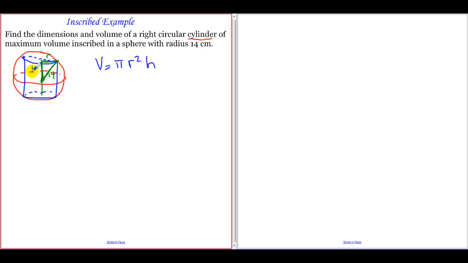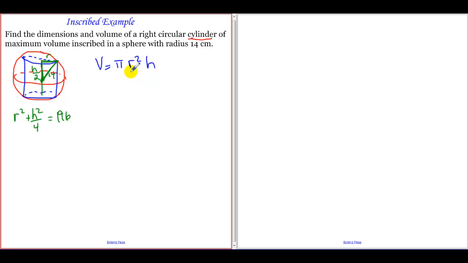So that is half of our height. The reason I need that is I need this volume equation in one variable. I know that r squared plus h squared over 4 equals 14 squared, which is 196.